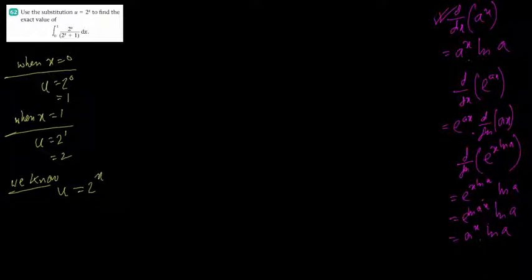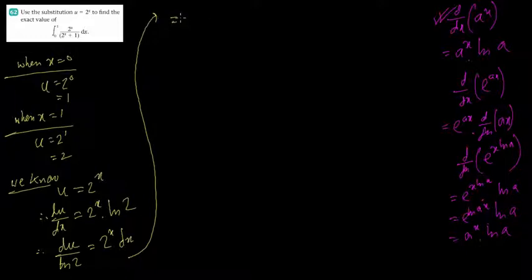So if we do the derivative of this, du by dx, 2 to the power x is going to be 2 to the power x, and ln a means ln 2. So this would be the derivative. So du divided by ln 2 would be 2 to the power x dx. That's the substitution.